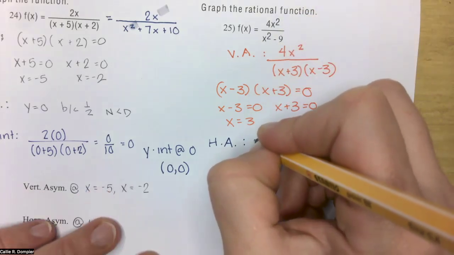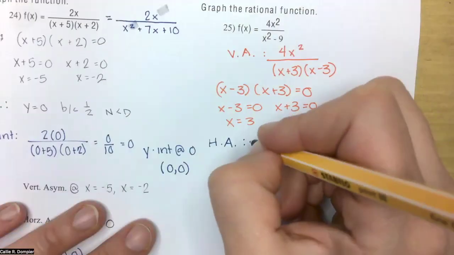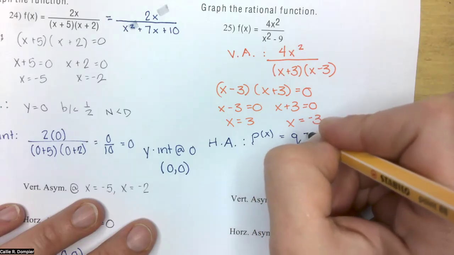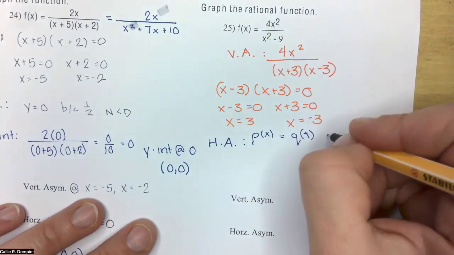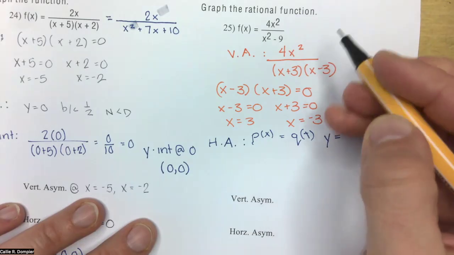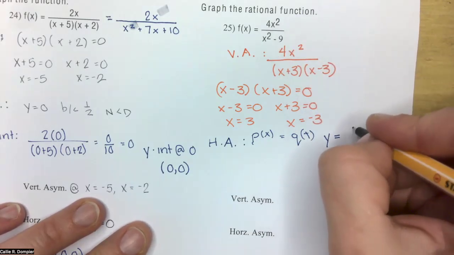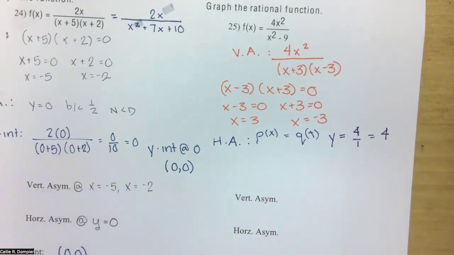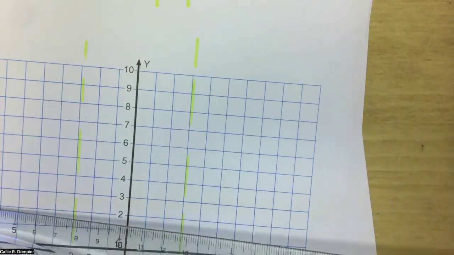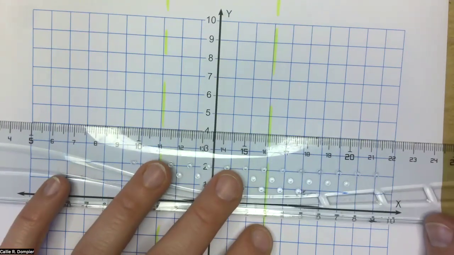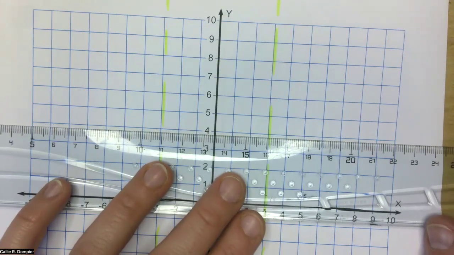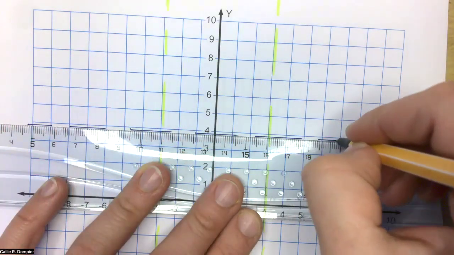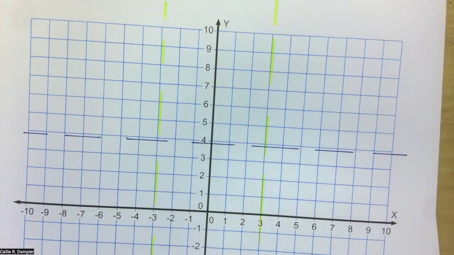So that means it's y equals the ratio 4/1 or y equals 4. Okay, so the horizontal asymptote is at y equals 4 way up here. And I'll remember to make it a dashed line this time. Good.